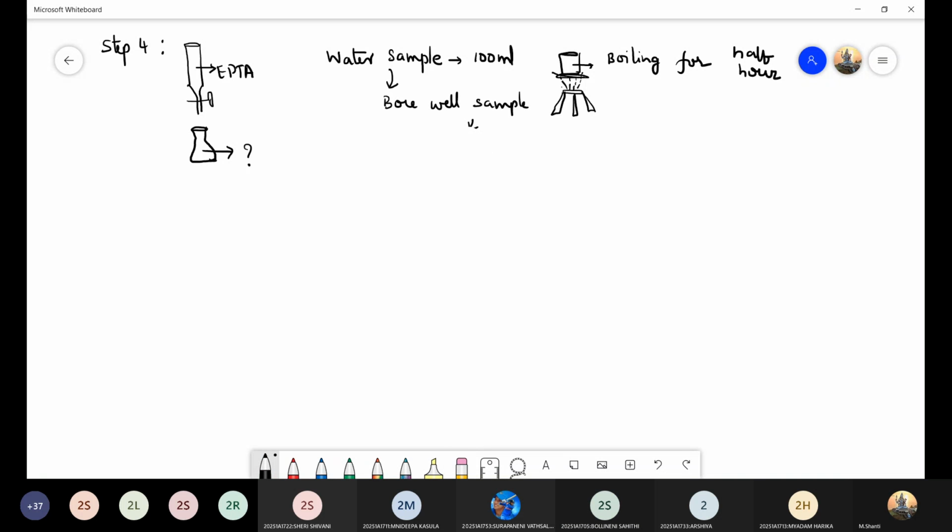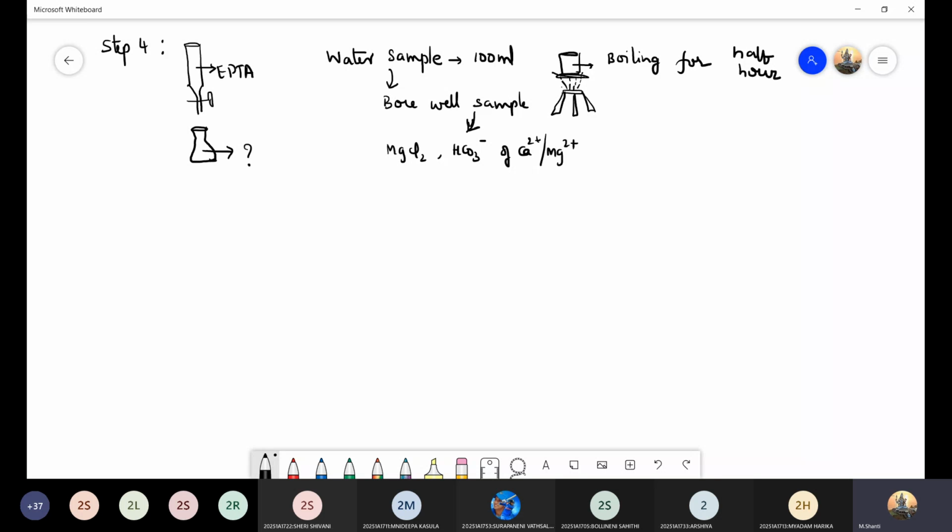Yes, ma'am. So it contains salts like MgCl2, bicarbonates of calcium and magnesium. That means this contains both temporary hardness causing salts and permanent hardness causing salts.